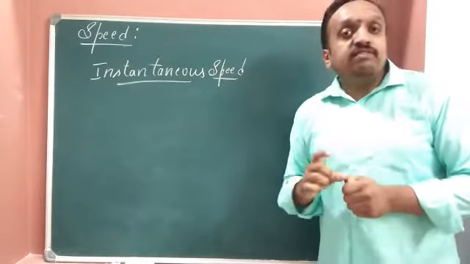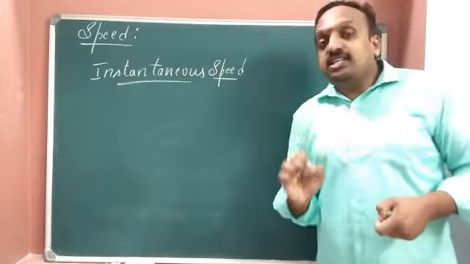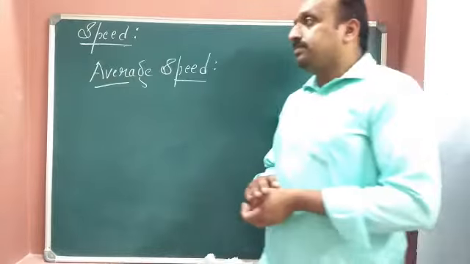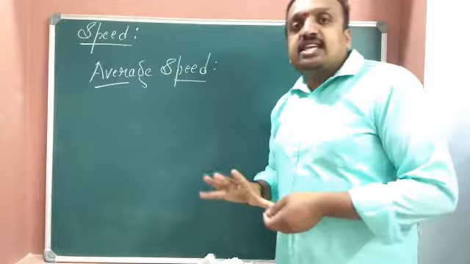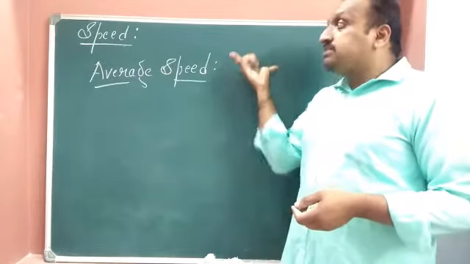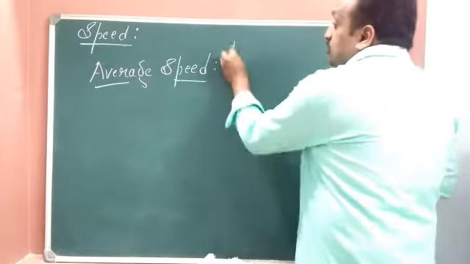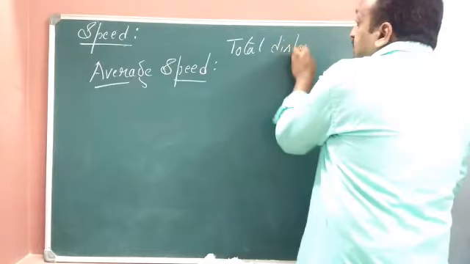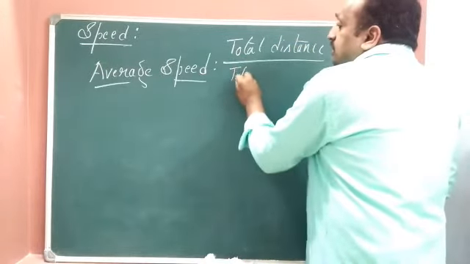The meter reading we observe while driving our vehicle is called the instantaneous speed. Average speed says that it is the total distance by the total time taken. So average speed is the ratio of the total distance traveled by the object divided by the total time.